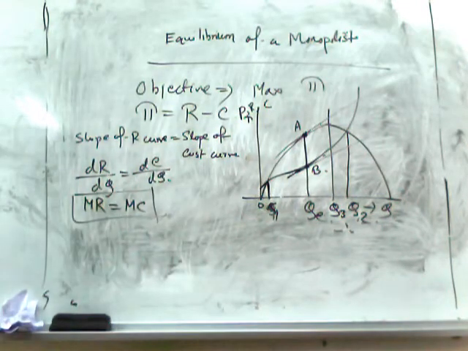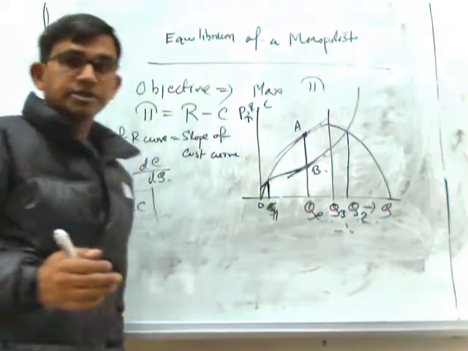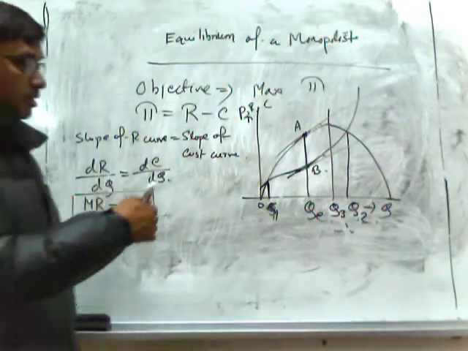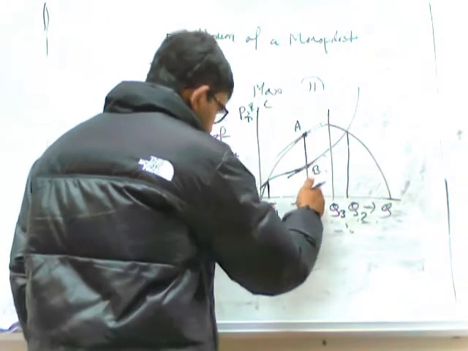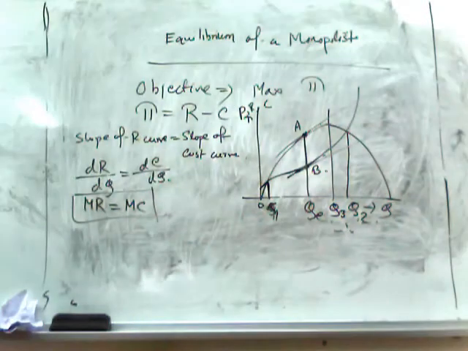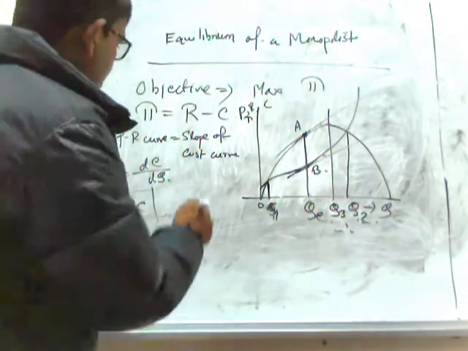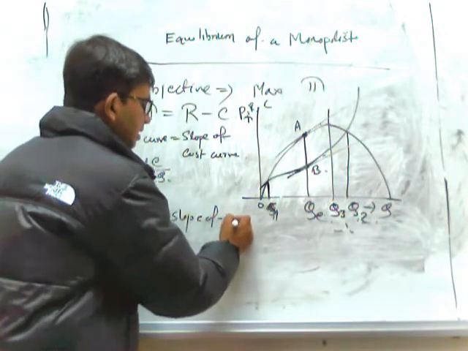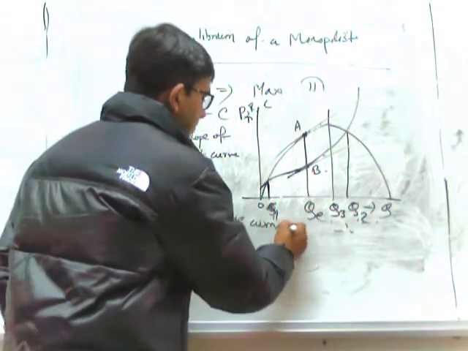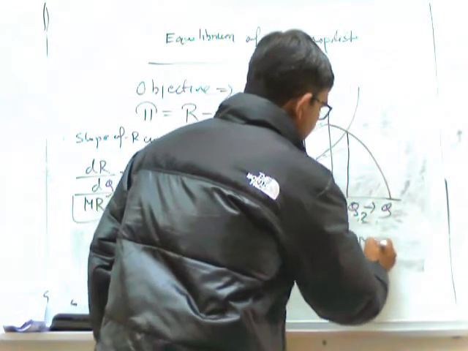And the second order condition, what is the second order condition? The second order sufficient condition is that once we exceed the level of output OQE, the cost must increase at a faster rate than the revenue. So from here we can write that the slope of the MC curve must be greater than the slope of the MR curve.